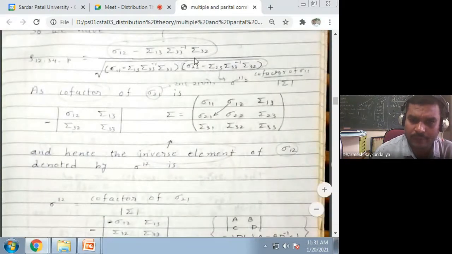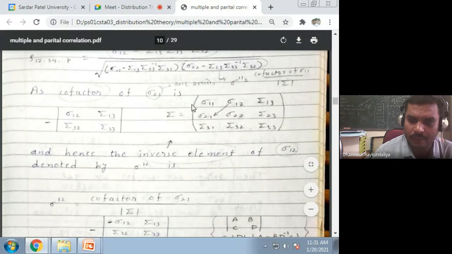Whenever you wish to find the cofactor, where this entry is available, in this row and this column, leave that row and column where sigma 1 1 is. The cofactor is this determinant divided by the determinant of sigma, and it has sign plus, so we can keep it as a plus.